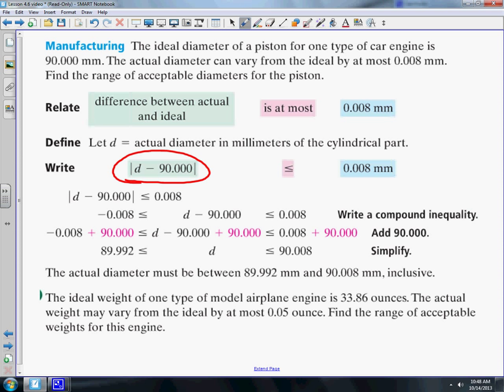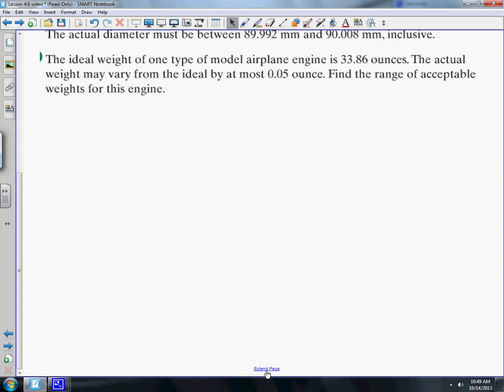The diameter minus 90, absolute value, has to be less than or equal to 0.008. Then what they did is they solved it twice. And you can kind of see that here, but they kind of tried to put it all into one big, huge equation. So let me show you with another example.